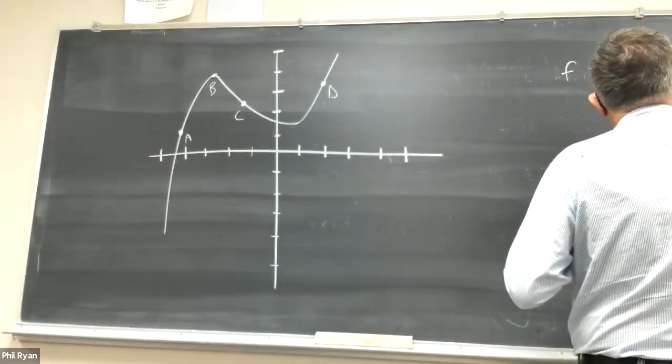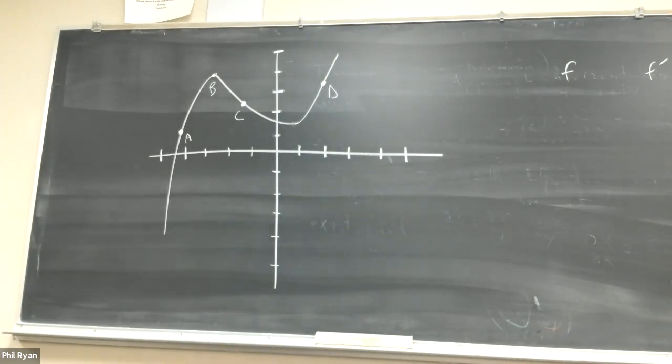F prime, that's the rate of change of that quantity. It's positive if it's increasing, if it's a positive slope. And then we have the second derivative, and that's the derivative of the derivative. That gives kind of like the acceleration of the quantity. It tells us things like, are things speeding up? What is the concavity of the graph?